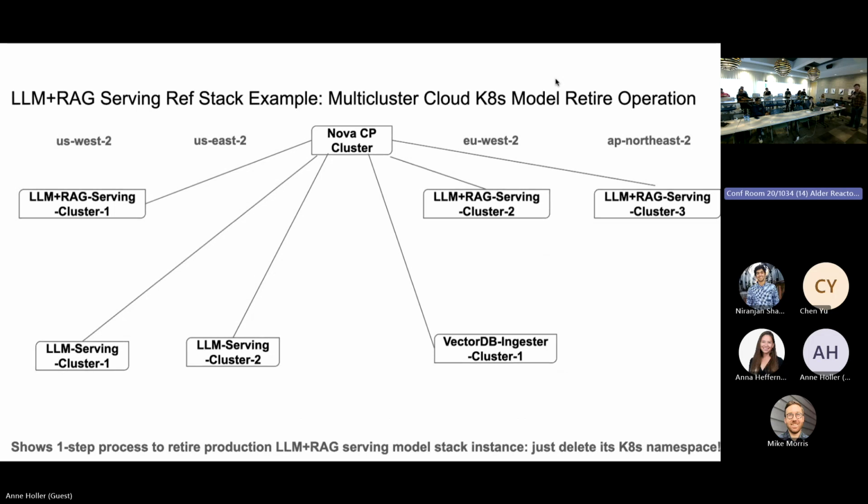This is a single step to remove it all. One step undeploys it, since it was all in the same namespace, like what Ryan was talking about. That was another important point: one namespace. The idea is that for a lot of these kinds of workloads, you would want to run multiple different versions at the same time to make improvements.